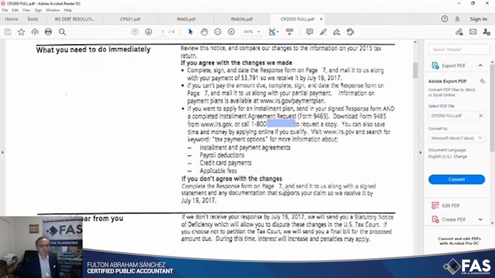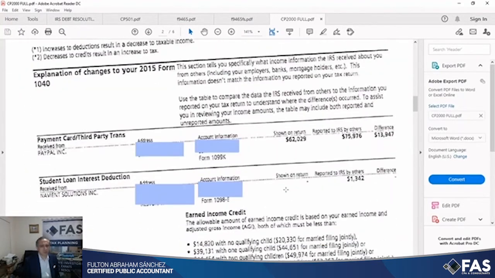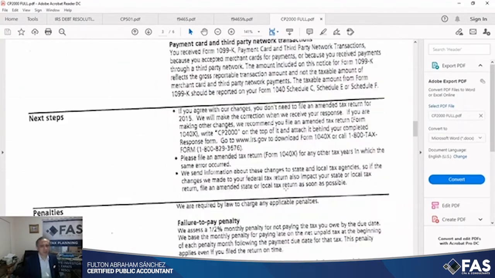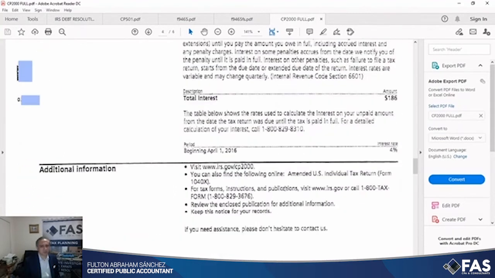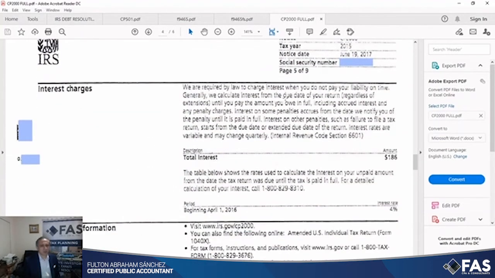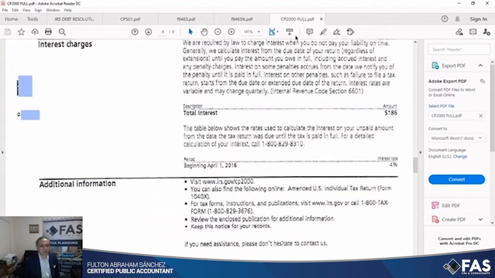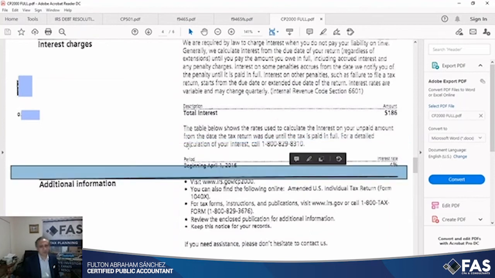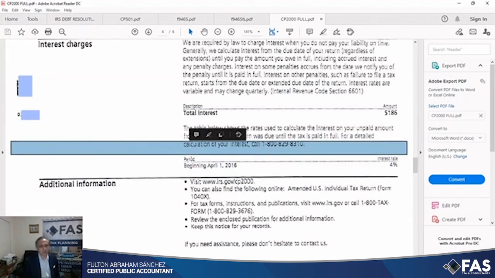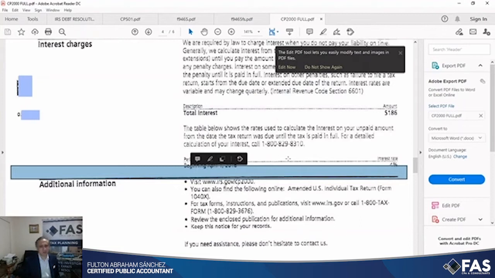In these forms, the IRS is going to inform you of the interest rate that they charge you. Just to give you an idea, the interest rate for that year, for 2016, is 4%. This is the interest rate that the IRS is charging on a monthly basis over balances that you owe.